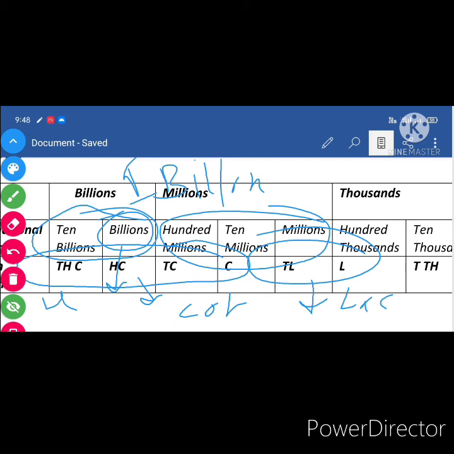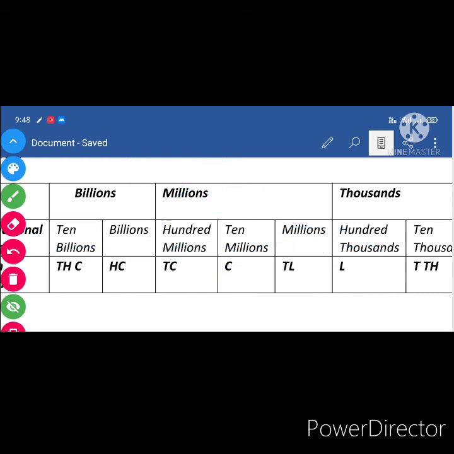If anyone says he earns 10 billion, it means he earns 1000 crores in the Indian system, and in the international system it is 10 billion. You have heard about 10 billion, 1 million, 100 million, 10 million, so you were confused. But from now you must not be confused at this point.